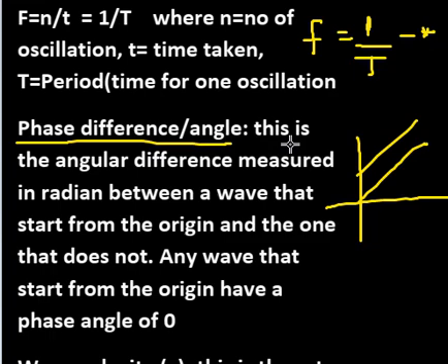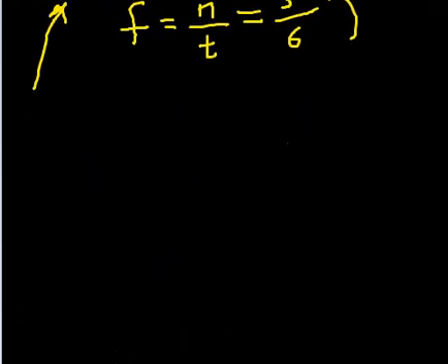The phase difference or phase angle of a wave is the angular difference, measured in radians, between a wave that starts from the origin and one that does not. Any wave that starts from the origin has a phase angle of 0. It doesn't have any phase angle, because it's starting from the origin. To illustrate that, let me draw my graph.